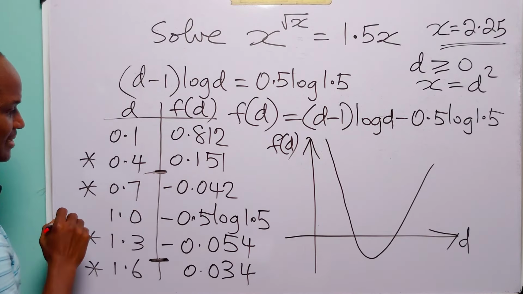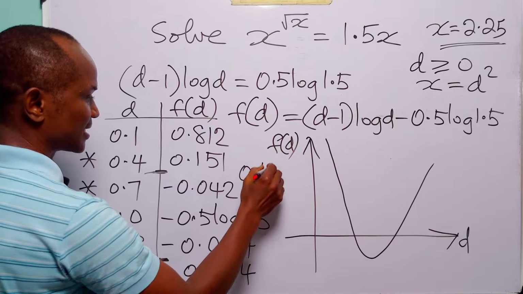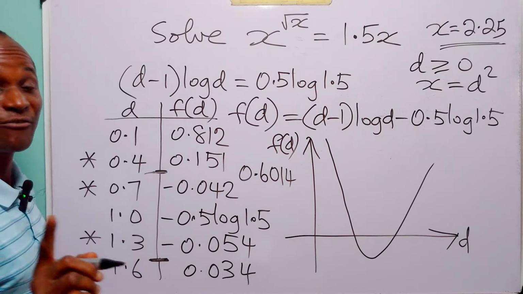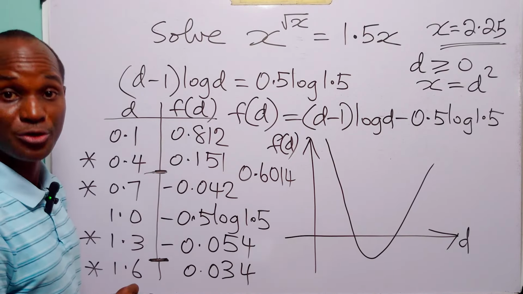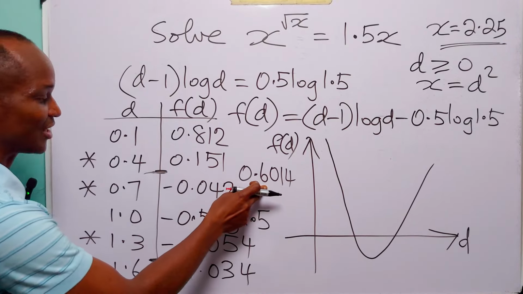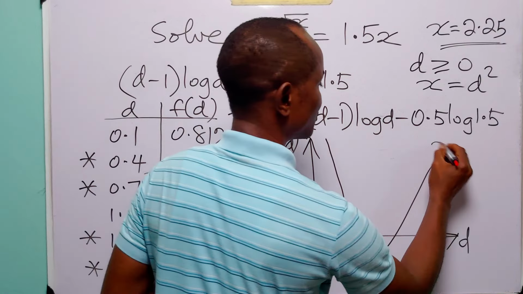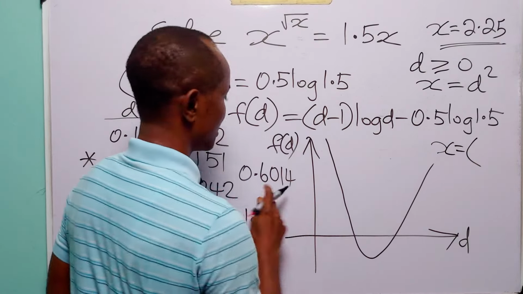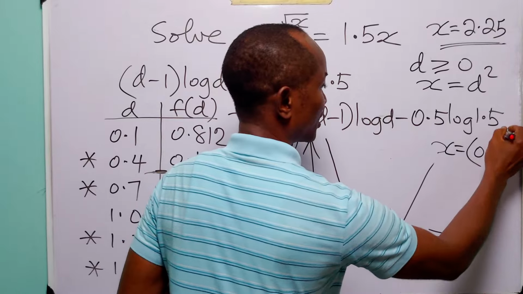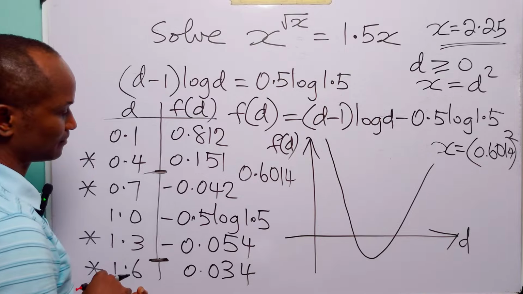Now the root here is approximately equal to 0.6014. You can find this root using numerical methods. And of course, to find the value of x from this value of d, you now do x equal to 0.6014 squared, according to what we have here.